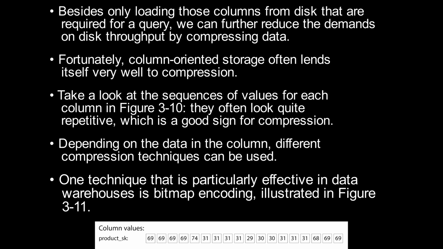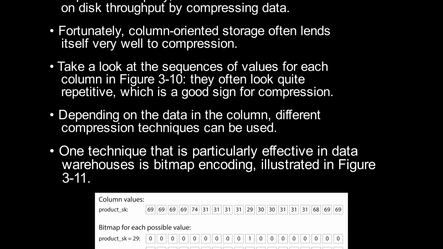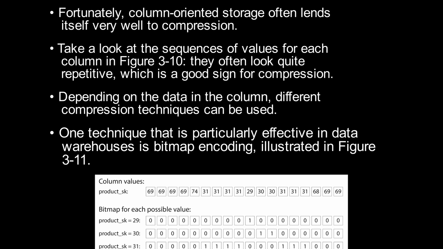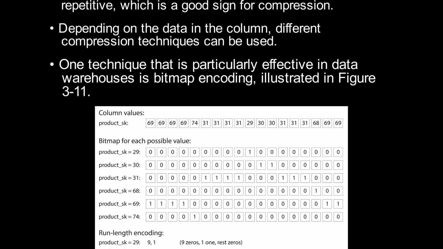One technique that is particularly effective in data warehouses is bitmap encoding, illustrated in Figure 3-11. Figure 3-11. Compressed, bitmap-indexed storage of a single column.